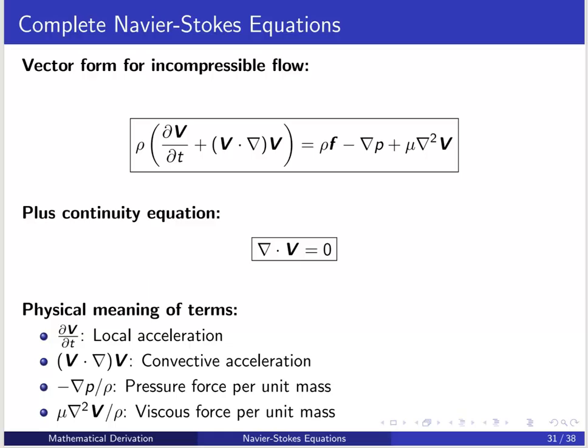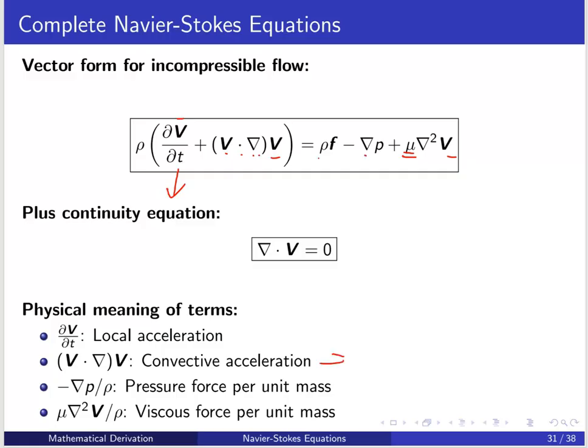Now the vector form for incompressible flow: ρ(∂v/∂t + v·∇v) = ρf − ∇p + μ∇²v, along with the continuity equation ∇·v = 0. Here ∂v/∂t is the local acceleration and v·∇v is the convective acceleration.